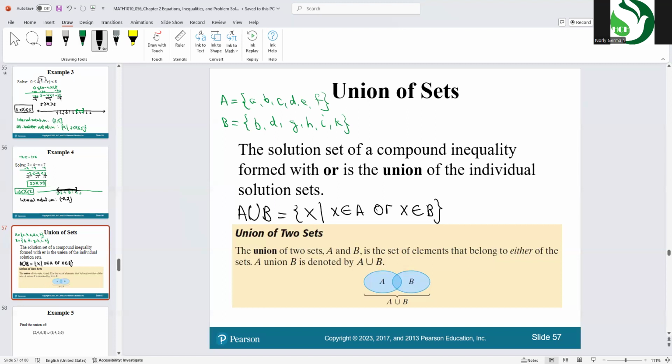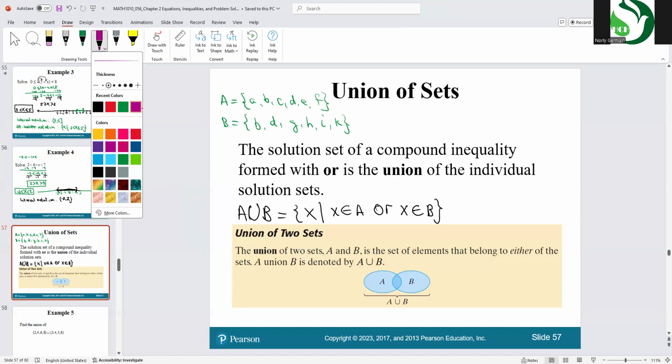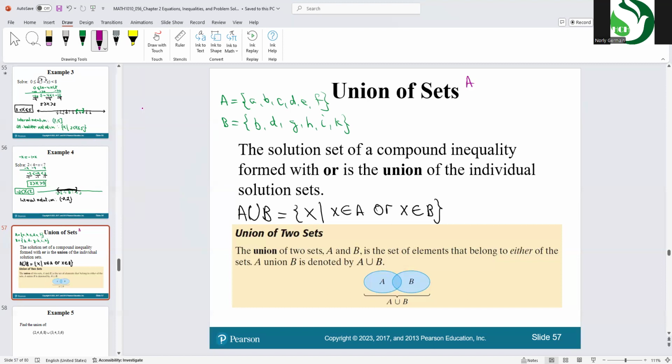We can either look for A or B, which is the union, or the intersection. Remember intersection, but let's do that one first. The intersection of A and B, intersection elements you see in both. What are the intersections here? Yes, intersection is B, D. Those are the intersection. So it's only B, D.